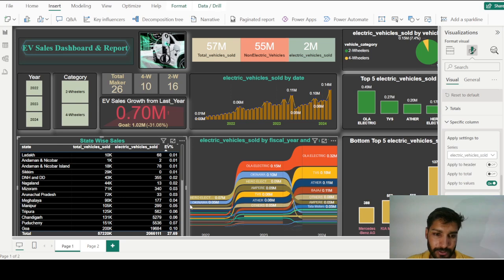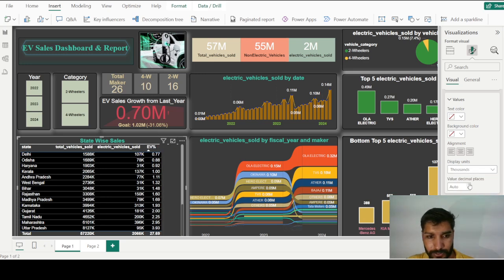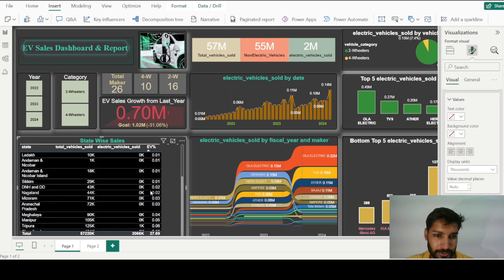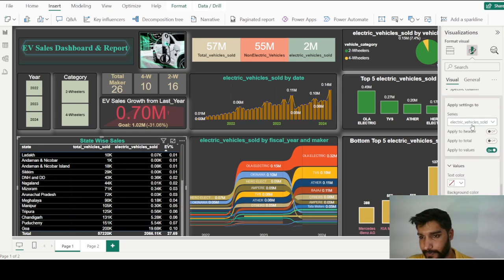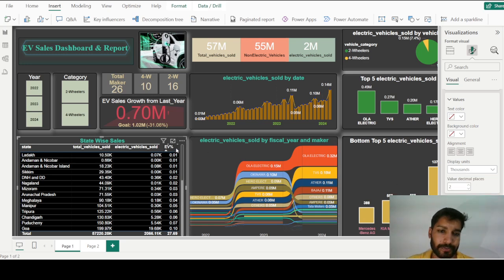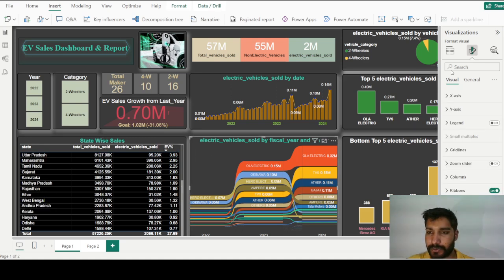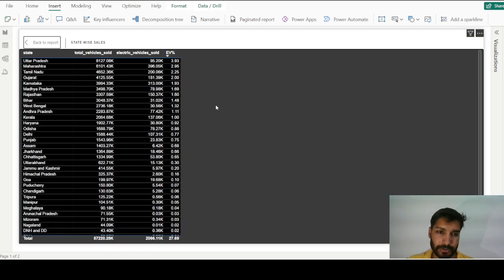Electric vehicle, this would also be in thousands, and it should be in numbers. 0k should be in digits. Yeah, perfect. Now this graph is looking so good.